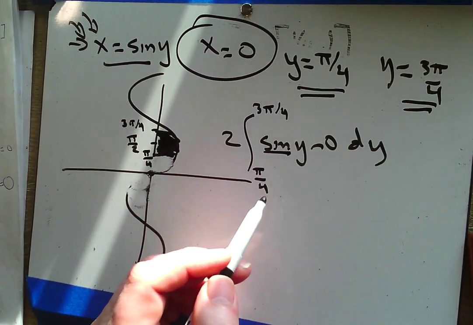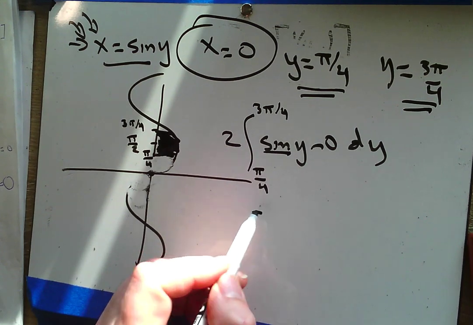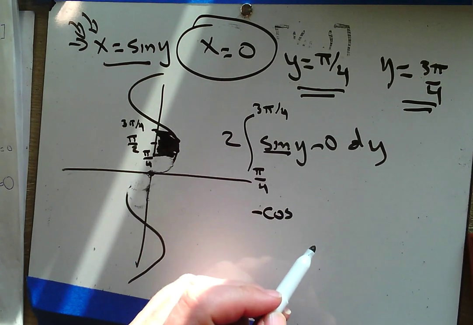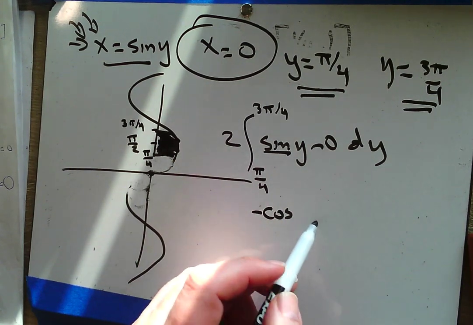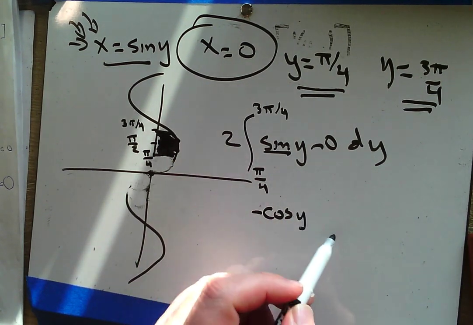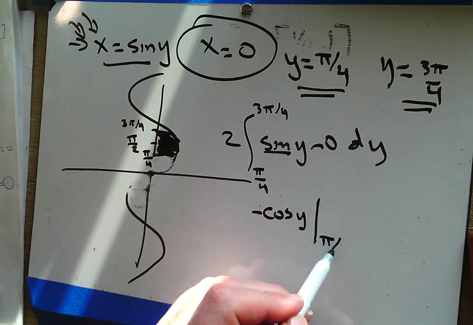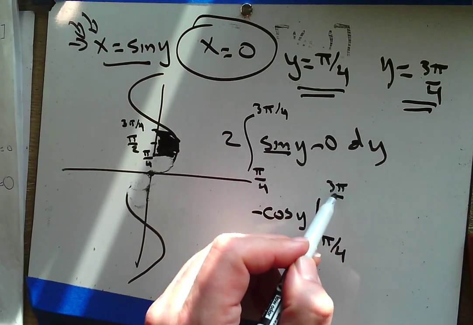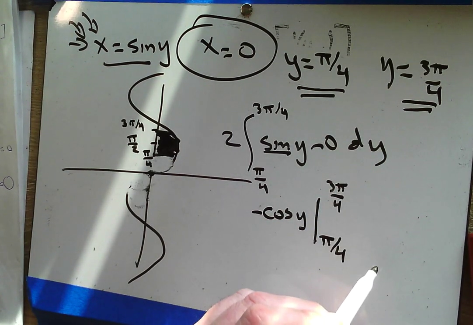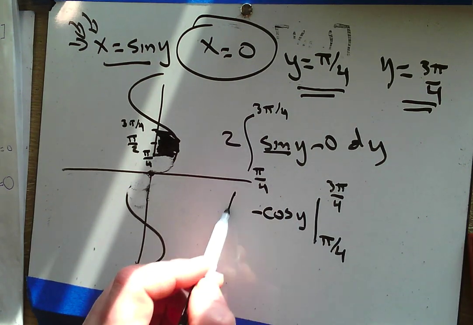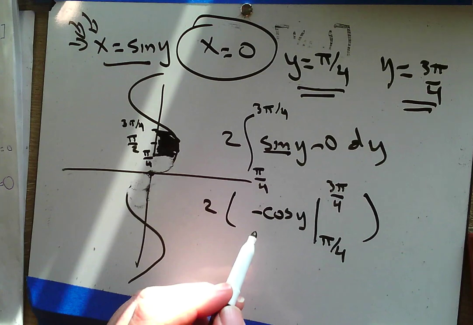Okay, so the antiderivative of sine is negative cosine. Yes, yes it is. Of y from pi over 4 to 3 pi over 4. And don't forget that, times 2.